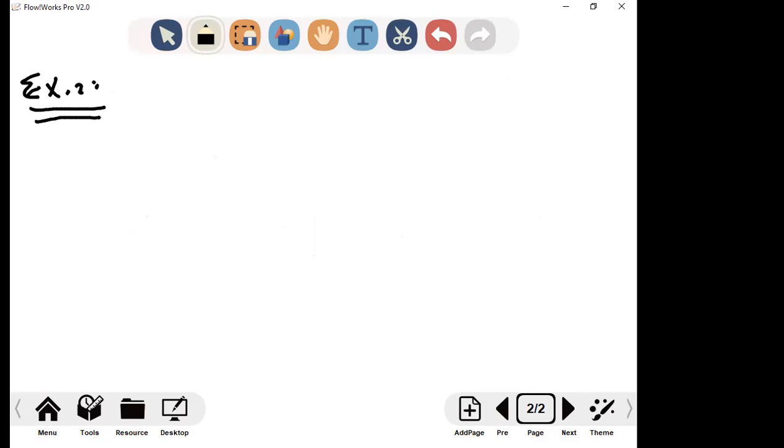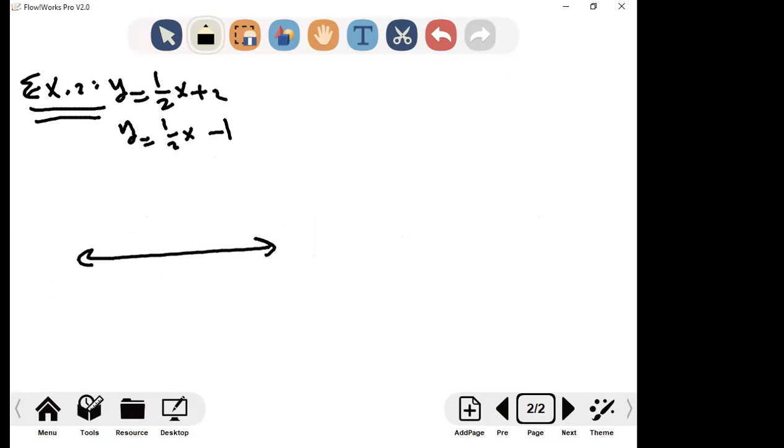Focus with example two. We have this system of equations: y equals half x plus 2, and y equals half x minus 1. Now, this is the graph which is given in your book. This is half x plus 2 and this is half x minus 1.